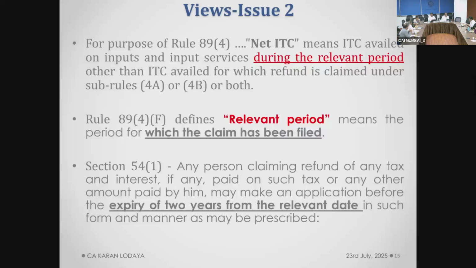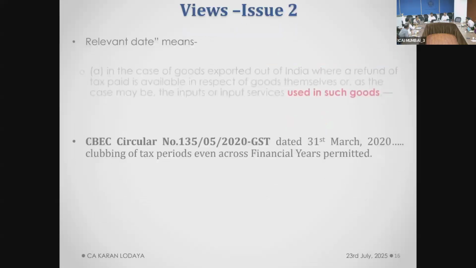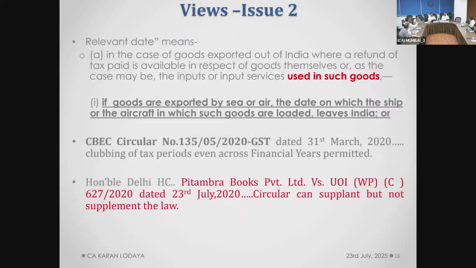So what we are saying is I can claim ITC refund even for 5 years back. I will have to be able to prove that the goods purchased 5 years ago are being exported today. Exactly. It is not 2 years from ITC availment. It is 2 years from the relevant date. 54A supports us.